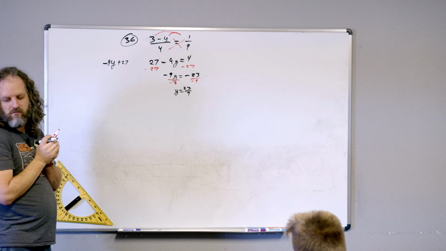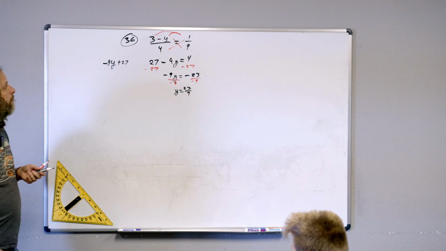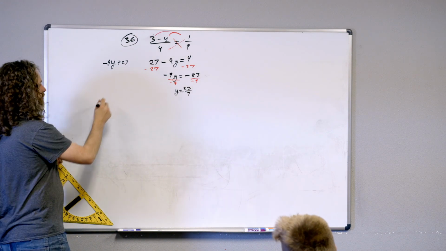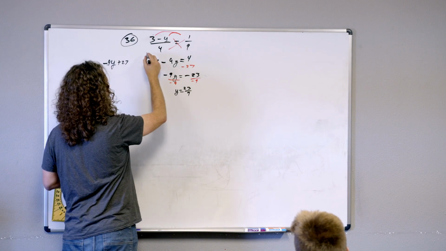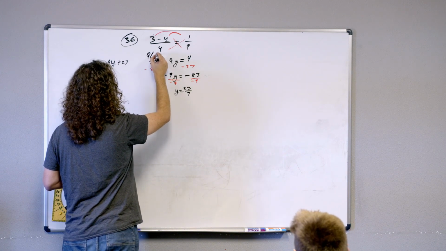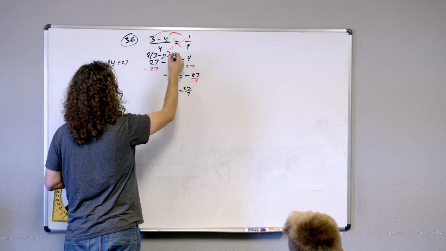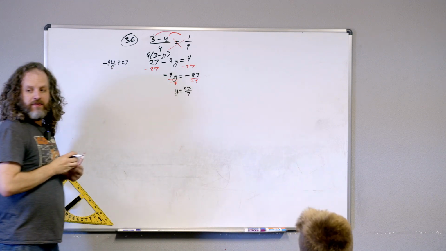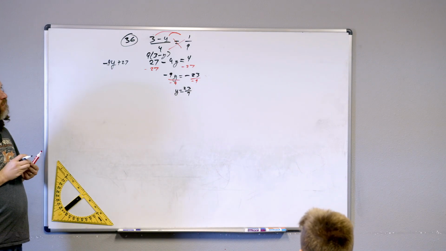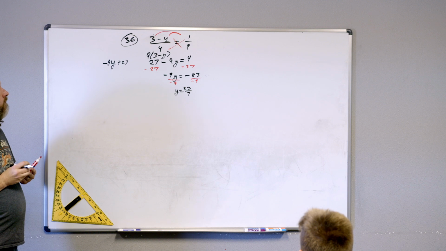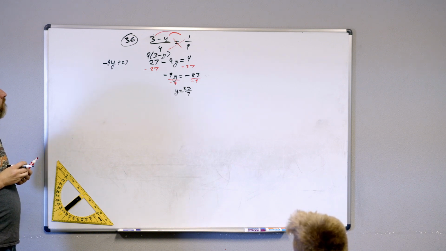So you could have added a step in here where we do 9 and then parentheses 3 minus y. That's totally great.